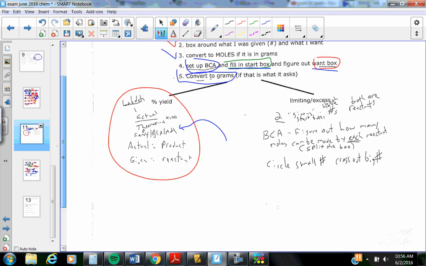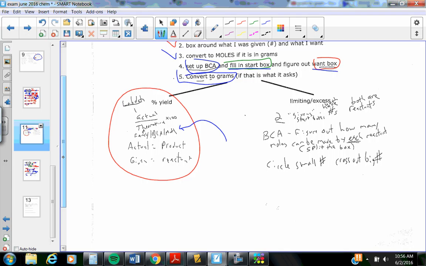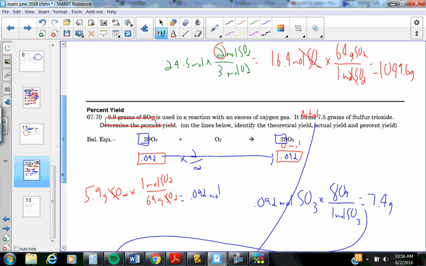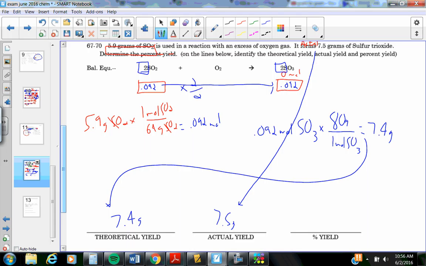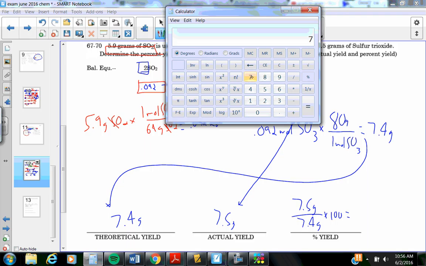To get the percent yield, it's actual on top, divided by theoretical, times 100. The actual is 7.5 grams out of a possible of 7.4 grams. Yeah, it's possible, we can get over 100. 7.5 divided by 7.4 times 100 equals 101.4, or just 101% yield.